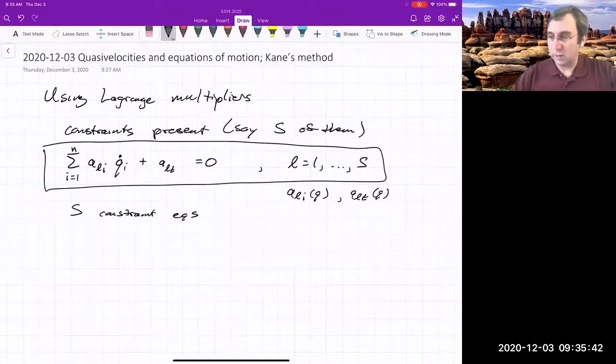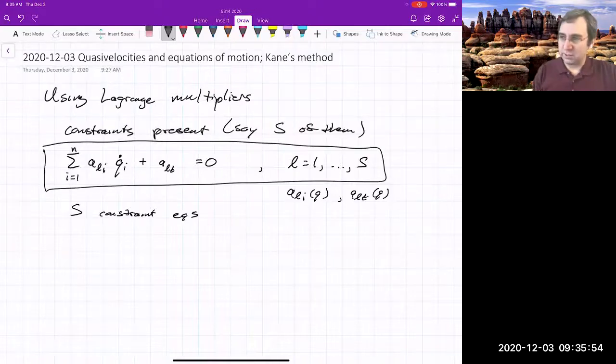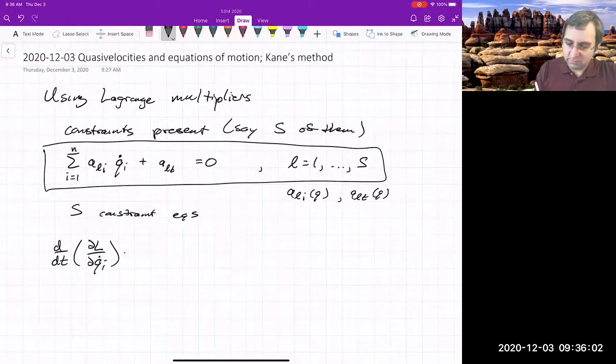In the usual way of doing it, in Lagrange's equations, you write the Lagrangian function, so kinetic minus potential, and any non-conservative forces you would include in a generalized non-conservative force. And so you've got these Lagrange's equations.